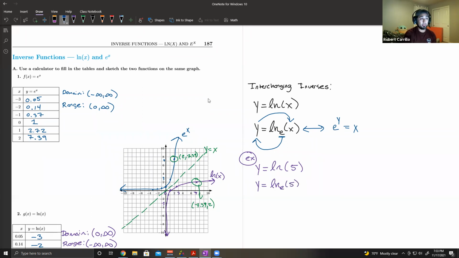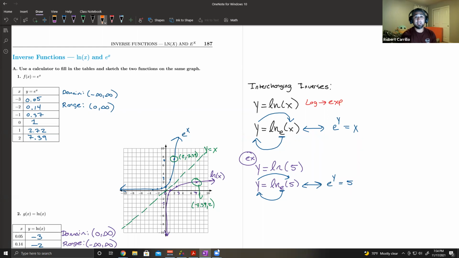Now when I convert, I say base e raised to the y, so I have e to the y, and you set it equal to whatever's inside the log, which is 5. So that's how you convert from log to exponential.